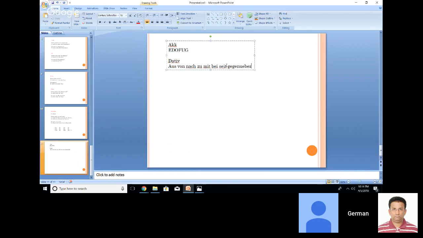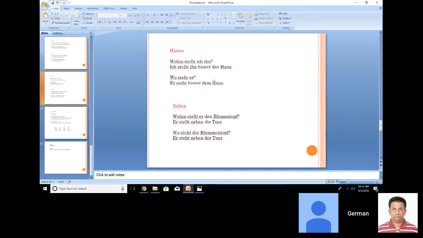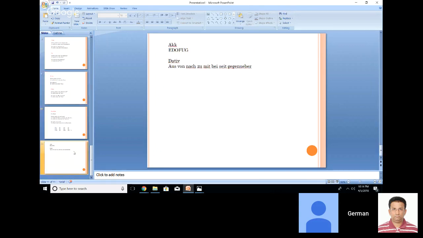Yes, very good. Even in Wechsel prepositions, we do the same thing, right? All the prepositions are placed before the noun, and according to the case, the noun changes its case. Okay. Now let's solve a few exercises.